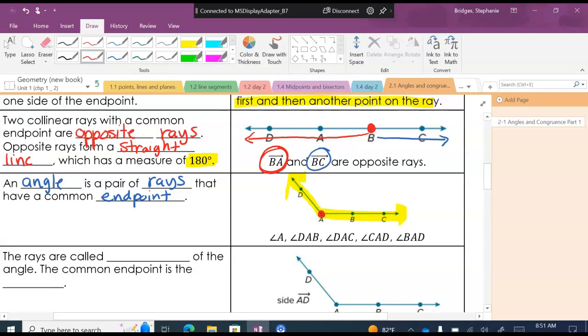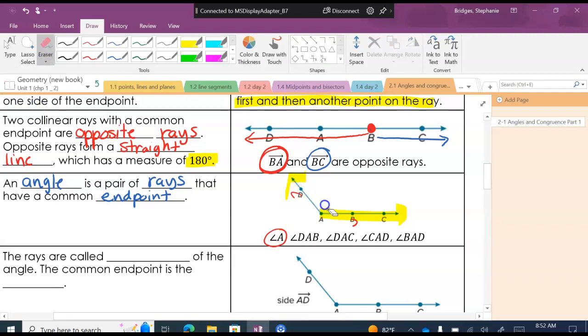So I can call this angle A. That's what that little symbol means. It looks kind of like a less than sign, but it's more flat than it is less than. So angle A. We could also call it angle DAB, because it goes through D, vertex is A, to B. We could call it DAC.